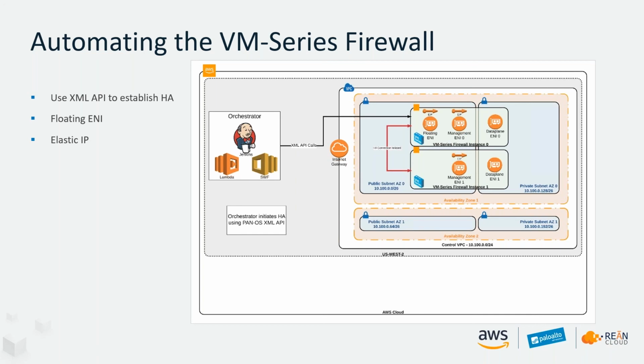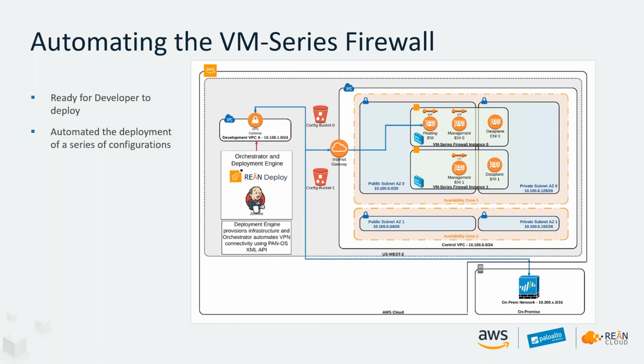So now we've got the configuration solid in terms of the VM series. We're ready to go, and now we're able to focus on the developers. The developers needed the ability to go out and deploy these VPCs for their development efforts.